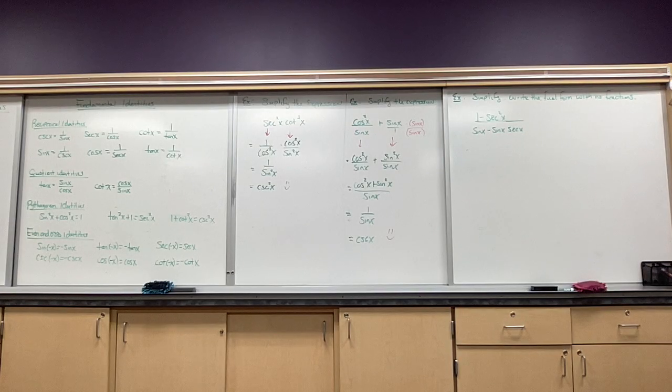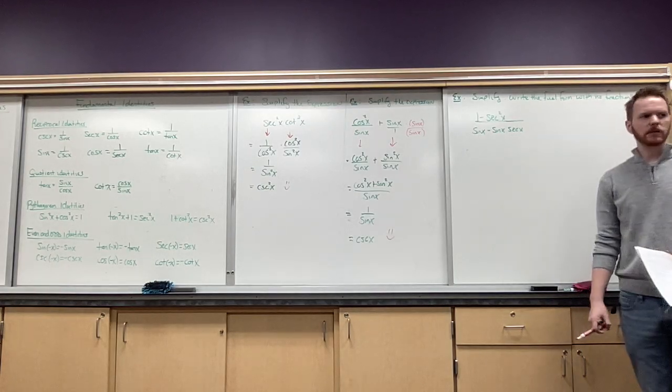So I don't have to combine anything, but now I've got to simplify that one fraction. Is the thing on top equal to something squared x or something? Nope. It's close, but not quite. So what do we do? Well, the top we can't simplify.